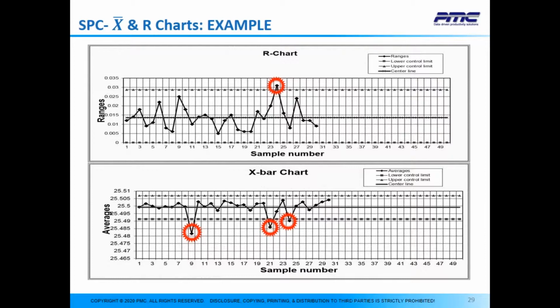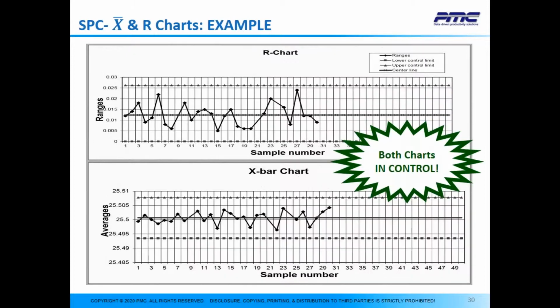When we remove them, both my X bar and R charts are within control. Now you may ask, did we use the other 7 tests? Yes, this is done in Minitab, and Minitab did all the tests for me, and there's nothing it is pointing out as out of control. So there's no special cause anymore.